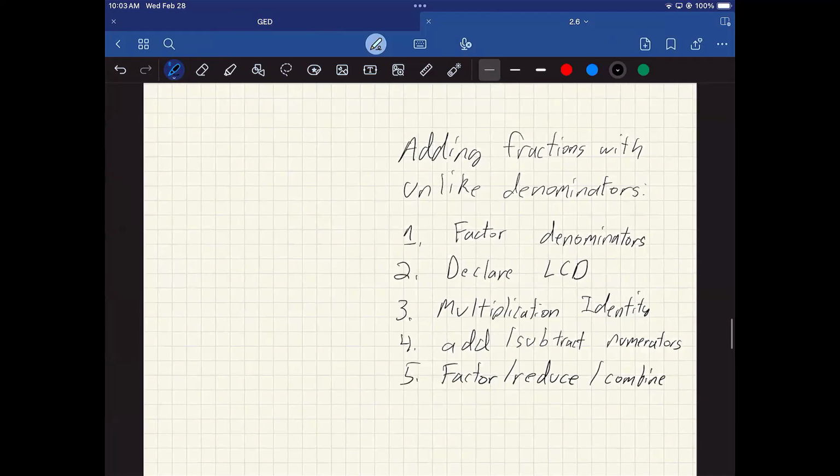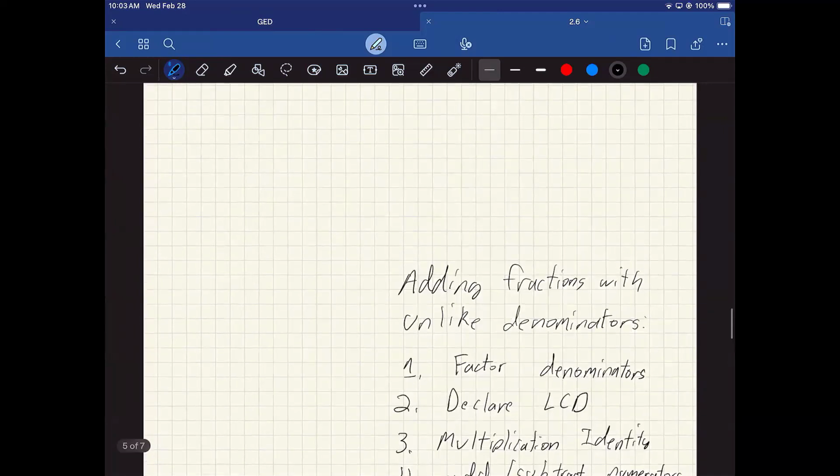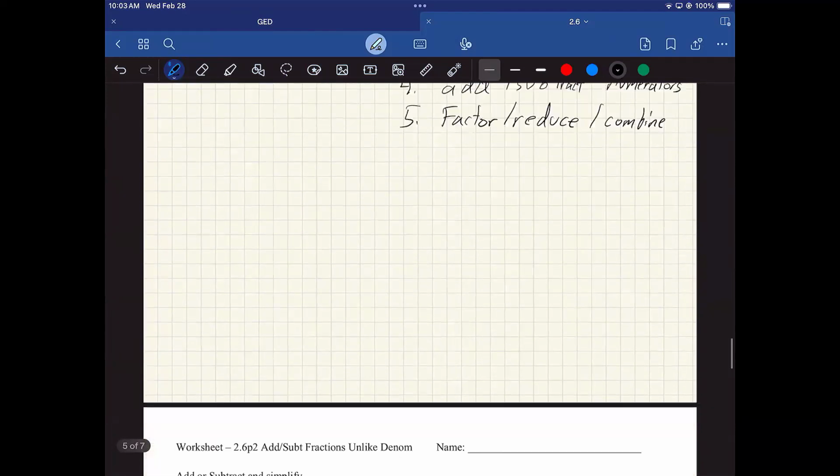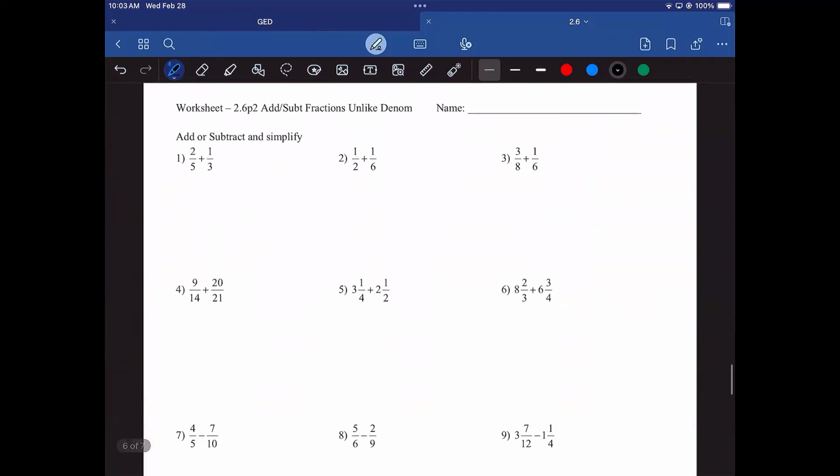Up here. And we're going to look at, oh, how about number 3? Doesn't that look precious? 3/8 plus 1/6? It doesn't look too bad.